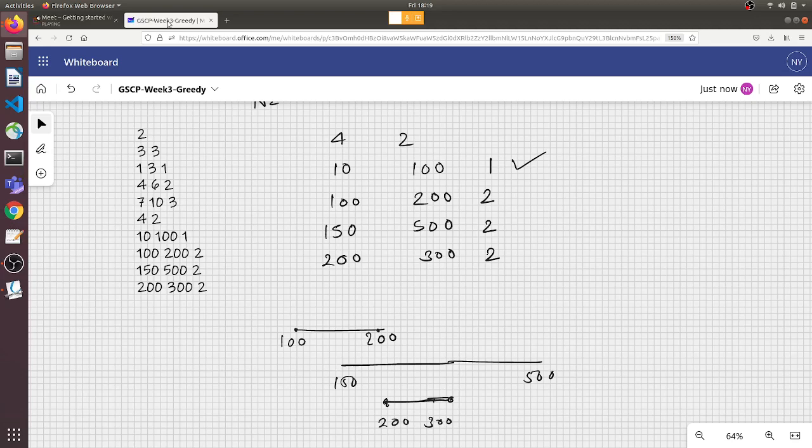If we choose the second customer, then we cannot choose 1 and 3, so we'll be able to serve only 1. And so the optimal answer here will be 2. So by serving customer 1 and 3 and not the second one, we can serve 2 customers in counter 2. And the answer for this example is actually 3.